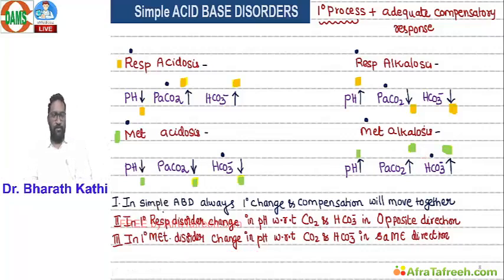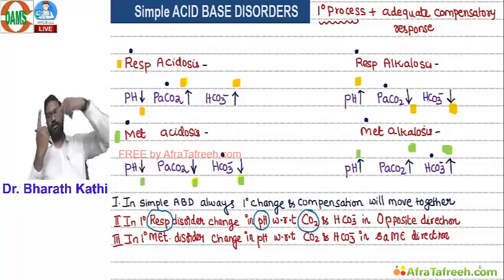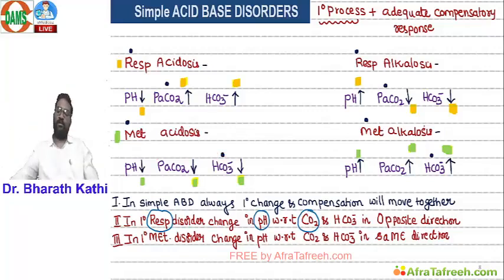To call it a primary respiratory disorder, the change in pH is predominantly due to CO2. How are pH and CO2 related? Inverse. So if CO2 increases, pH will decrease. If CO2 decreases, pH will increase.